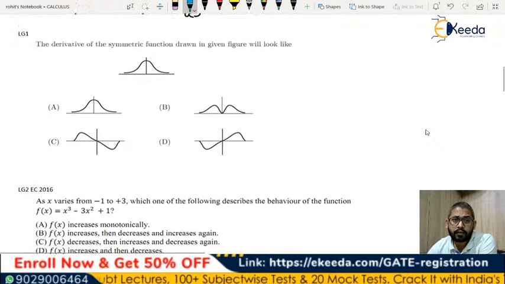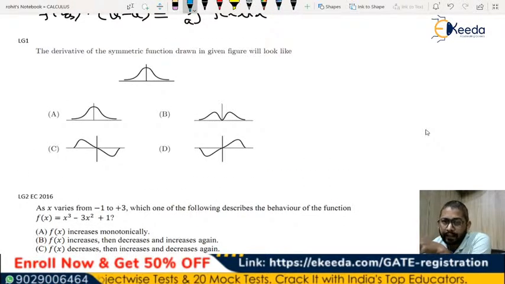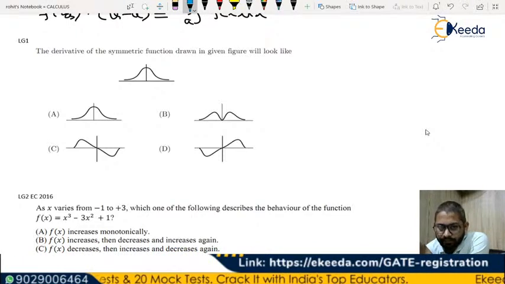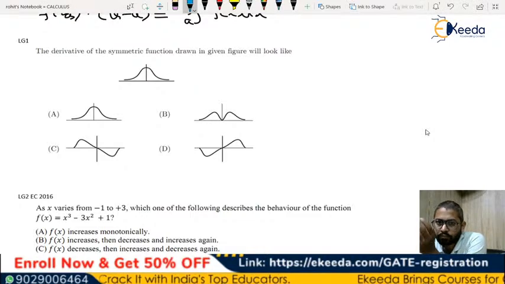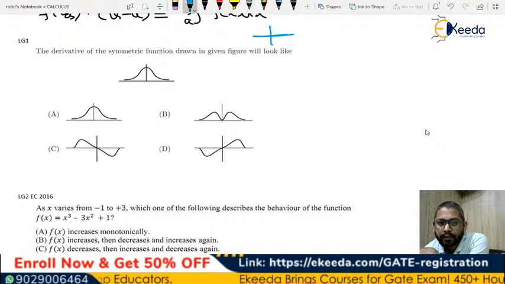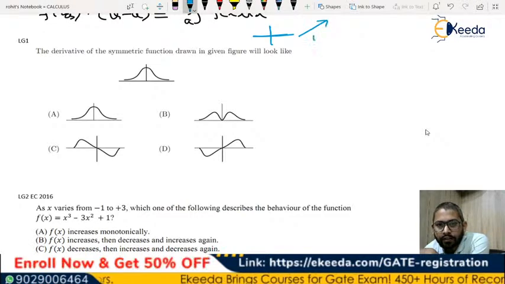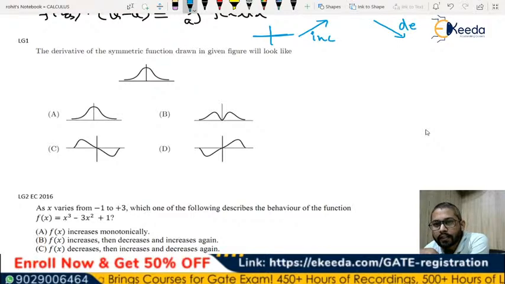But to start this, we know that if a function is increasing, it means when x is moving from left to right on the x-axis, the function value should increase. Then you say the function is increasing, and if it is decreasing, then you say it is decreasing.